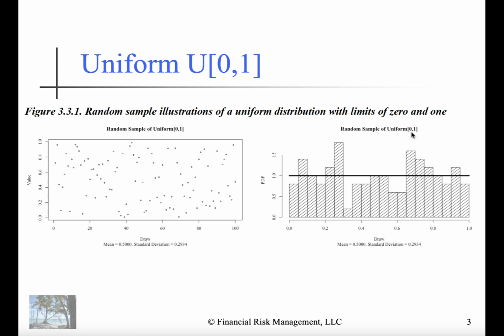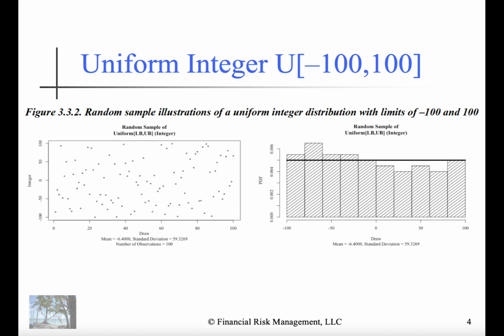And the random sample, the different outcomes clearly oscillate. The PDF basically in theory should be 1.0, but with a random sample we get noise around that value.